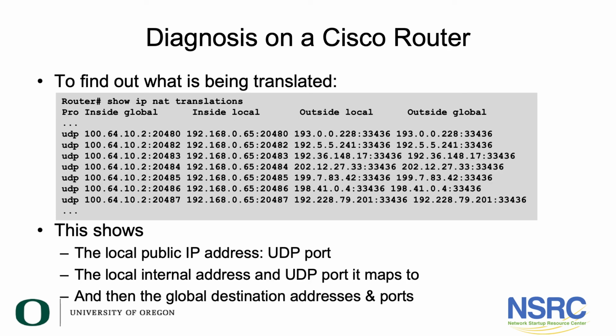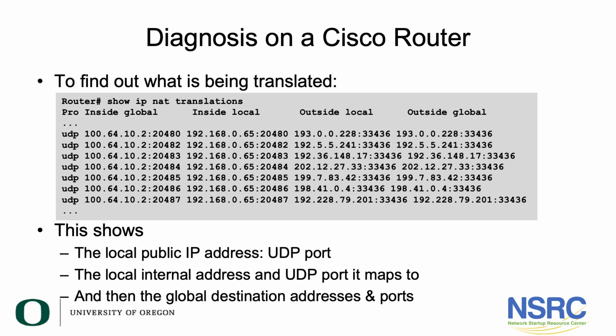To find out what's being translated, you do show ip nat translations, and you will see different columns. You have the inside global, the inside local, the outside local, and the outside global. So the way to read this is the inside local address was trying to reach the outside local address on that port, and it was translated to the inside global address, and the destination is listed as outside global.